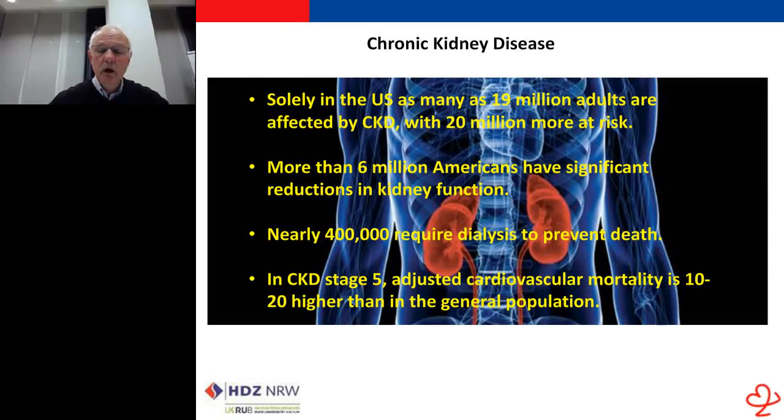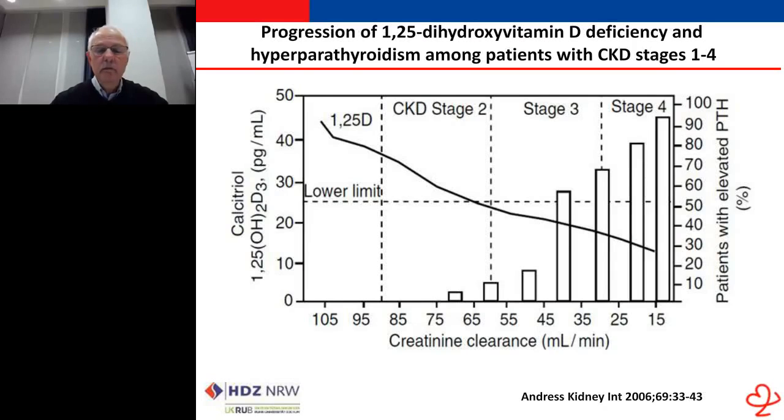And now I want to talk about some diseases. First, about chronic kidney disease. And it's well known that in aging Western societies, chronic kidney disease is very prevalent. And we also know that in patients with renal impairment, the circulating 1,25-dihydroxyvitamin D level goes down.